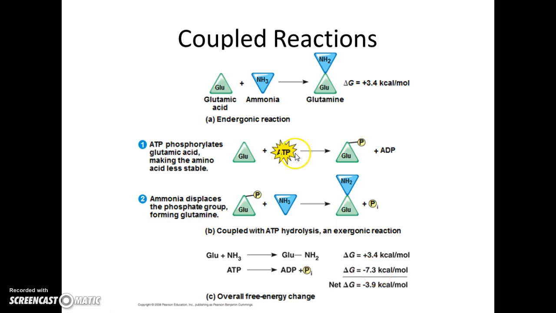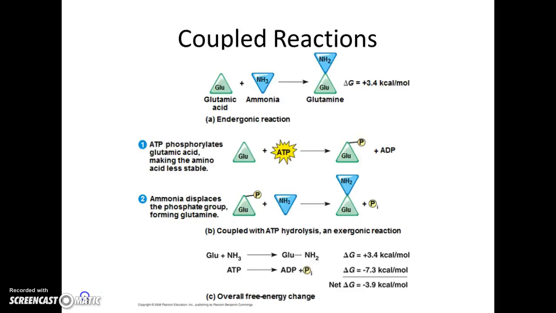So in order to go from these two reactants to this product, we're actually releasing some energy and putting that into a new system to store energy. So overall, this coupled reaction has a delta G of negative 3.9. This is just an example to show you that an exergonic reaction releases energy to push an endergonic reaction to occur.